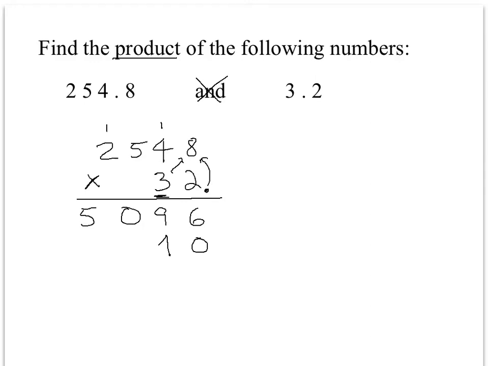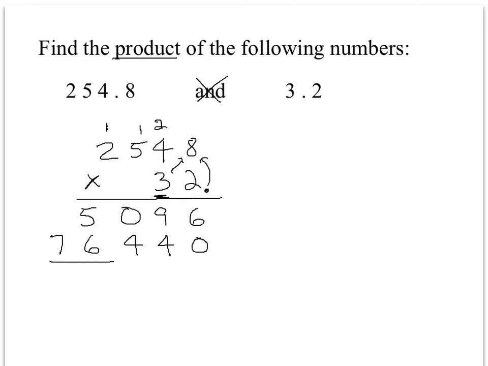So I'm going to write down my 4 and carry my 2. And 3 times 4 is 12, plus 2 is 14. Carry my 1. And 3 times 5 is 15, plus 1 is 16. Carry my 1. And 3 times 2 is 6, plus 1 is 7.